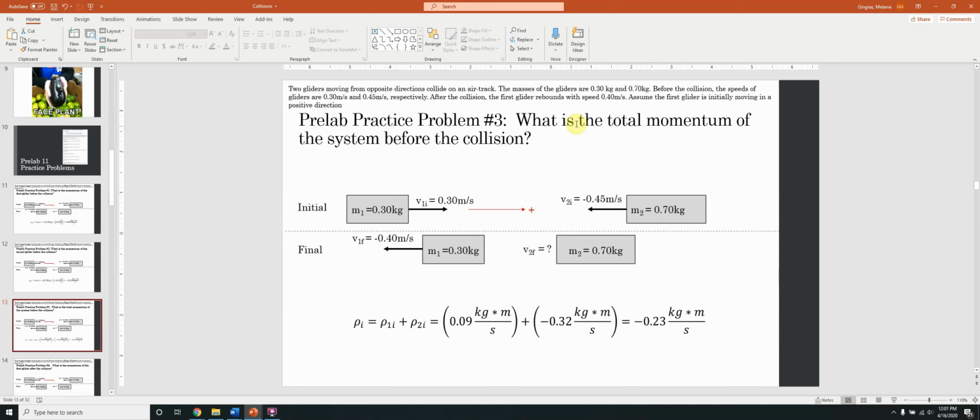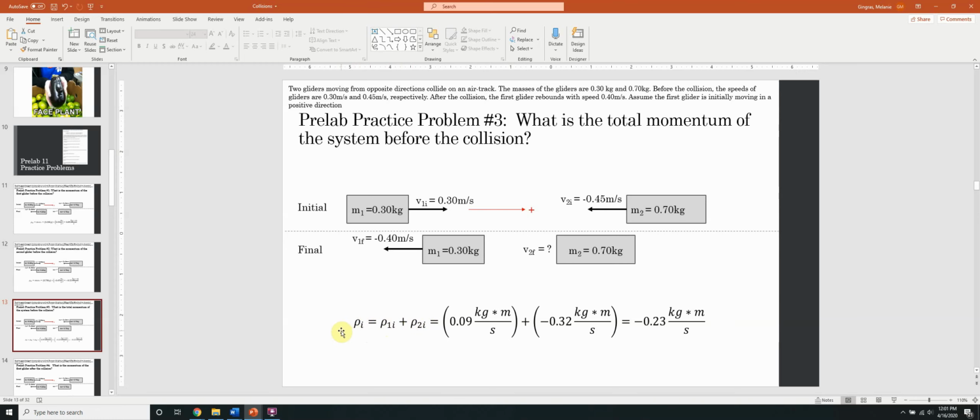Number 3, what is the total momentum of the system before the collision? Okay, so the total momentum of the system before the collision, so that's rho initial, that's going to be equal to rho 1 initial plus rho 2 initial, right? Because those are the only objects that are involved in this collision. So we sum them up, and that gives us the total momentum, right?